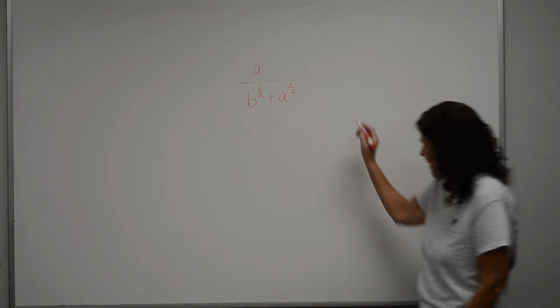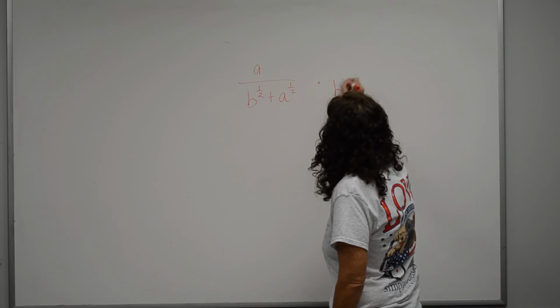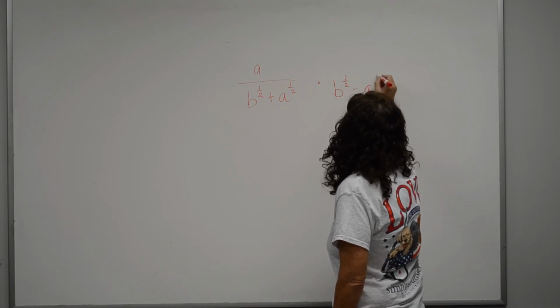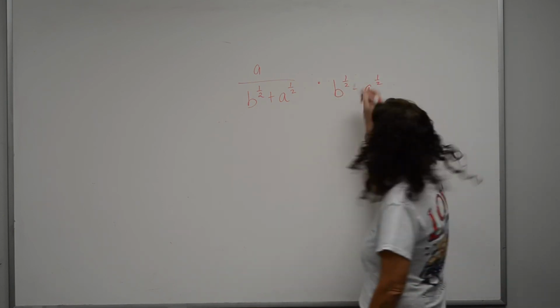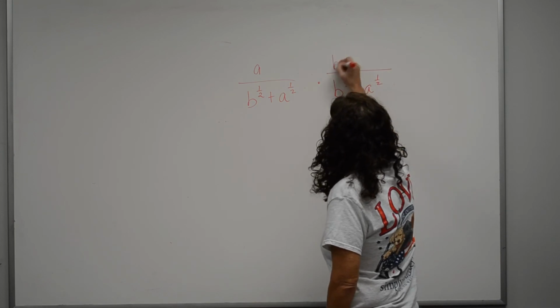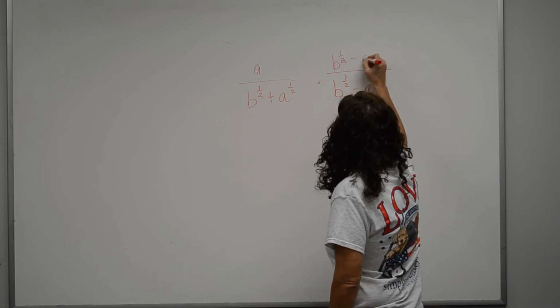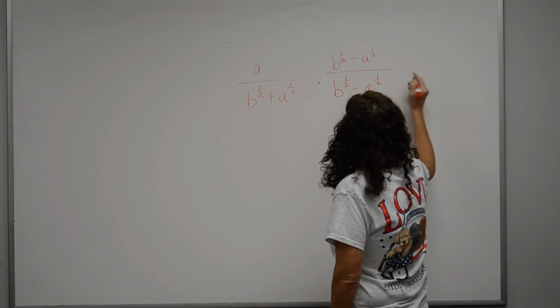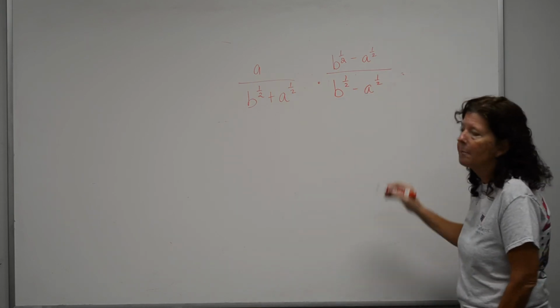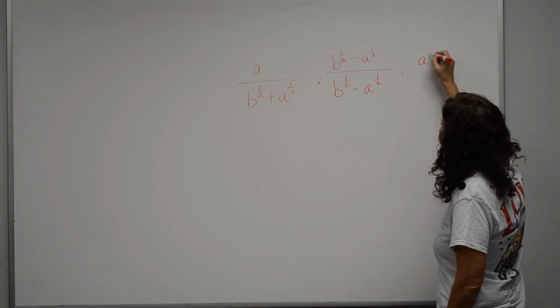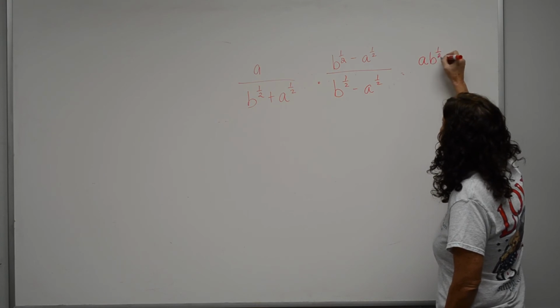B to the 1/2 minus A to the 1/2, because it's the conjugate of it. Okay, on the top, B to the 1/2 minus A to the 1/2. I have to do distributive property on the top. So I have A times B to the 1/2.